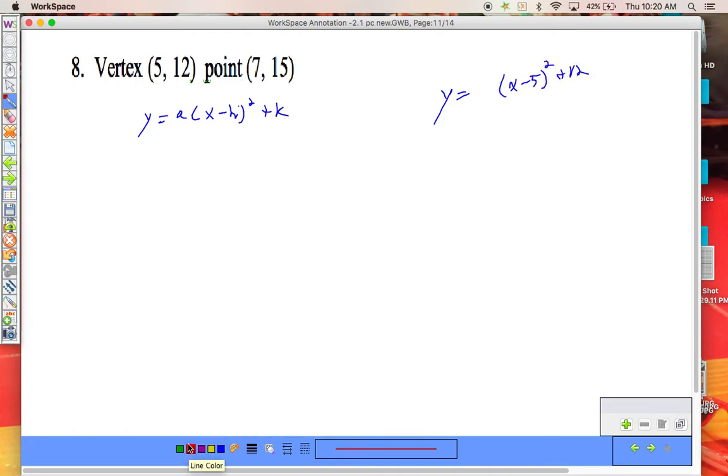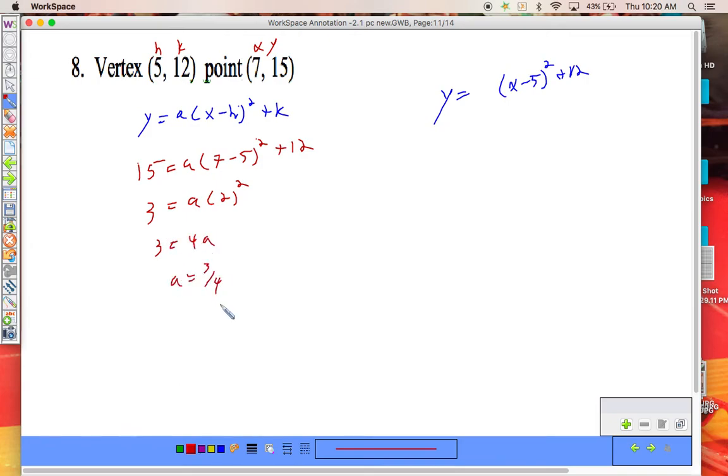So I'm going to substitute into h, k, x, y. 15 equals a, parentheses, 7 minus 520 squared plus 12. Doing some quick math. I get 3/4. So you're given x, y, h, k, plug them in, find a, then use the h, k that you're given and write it as a formula.